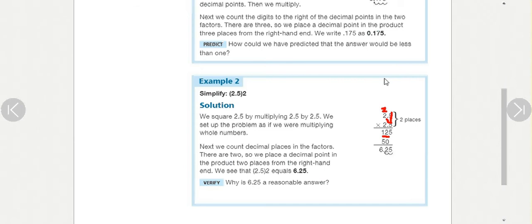Don't forget when you multiply, this is a 0 here. Then we move over 1 spot. 2 times 5 is 10. Carry the 1, and there's a 0. Carry the 1, I've got 4, plus the 1 is 5. Add up at the end, right? This is adding. How many total decimal places in these 2 factors?